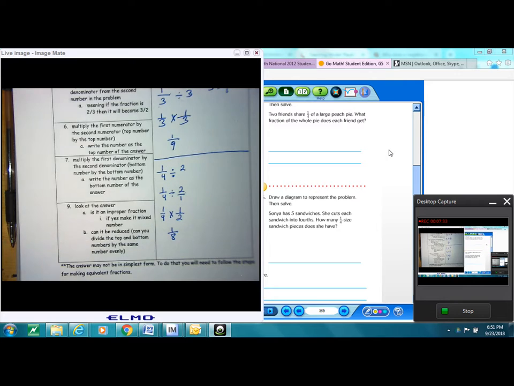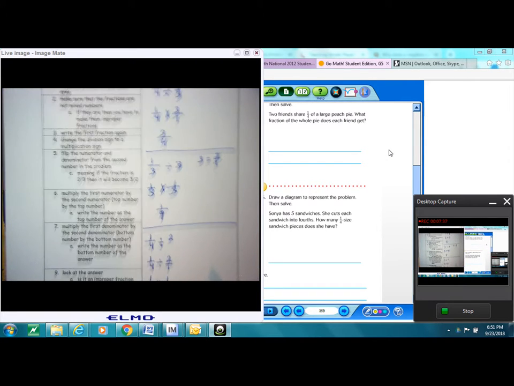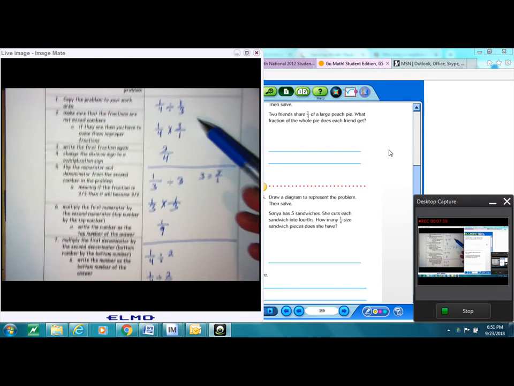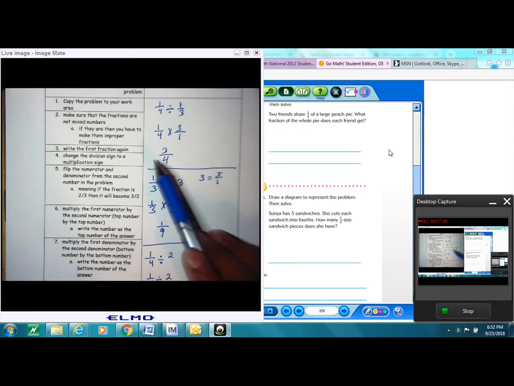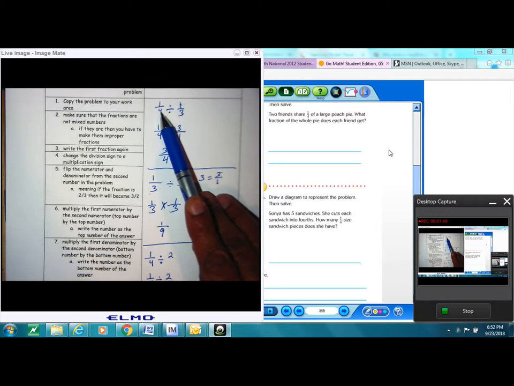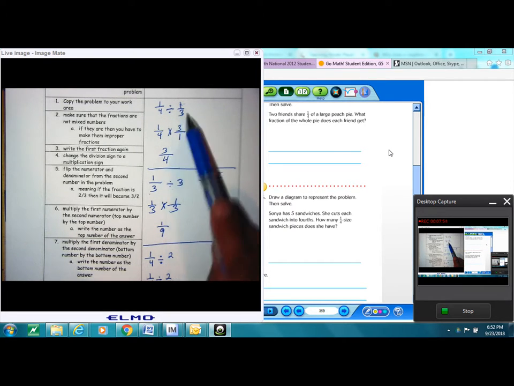So what we've done on these 3 problems is use the steps to divide fractions. In order to divide fractions, you rewrite the first number, change the division sign to a multiplication sign, and flip the second fraction.